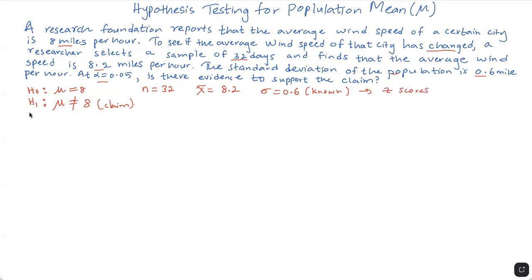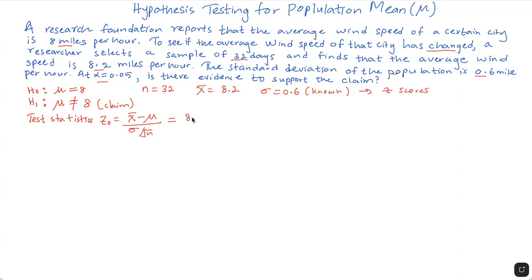Okay. First, let's find out the test statistic of this testing. Z naught equals x bar minus mu over sigma over square root n.